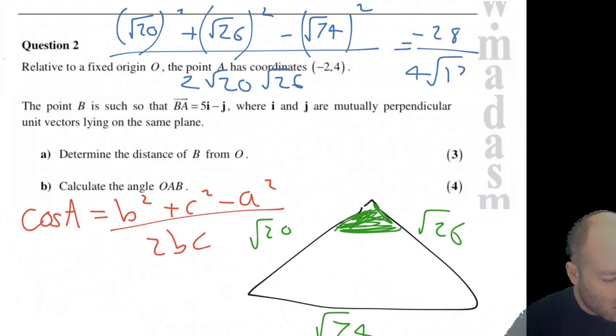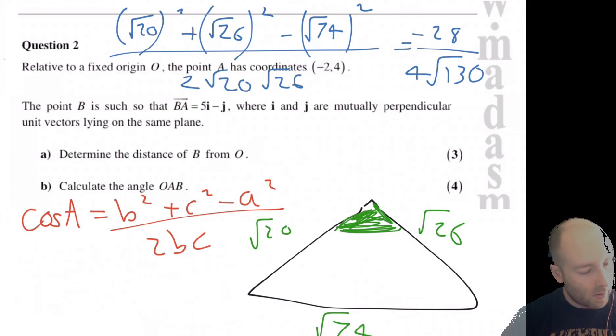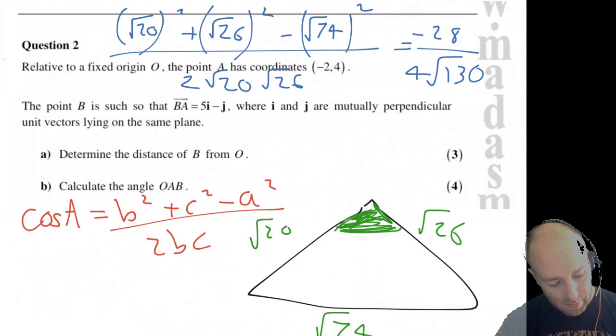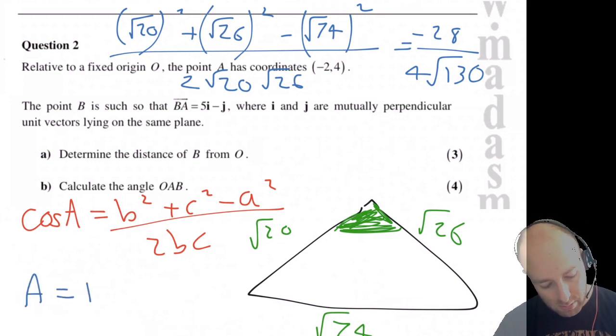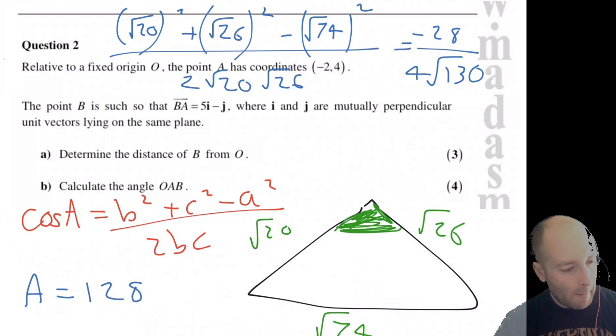And we're going to do arc cos of that, which gives me an angle of 127.8 degrees. It sounds about right to me. So 127.87, let's round it up to 127.9 degrees.